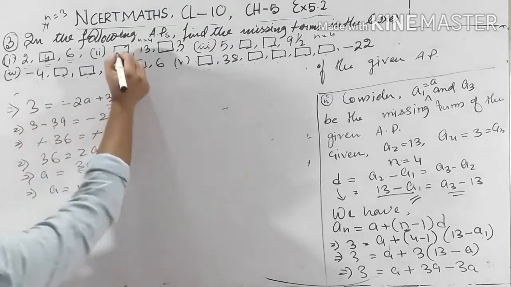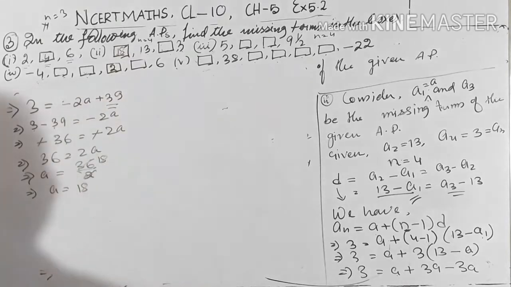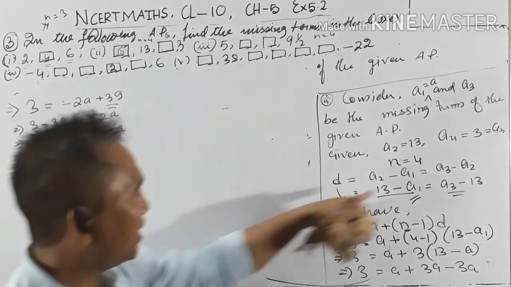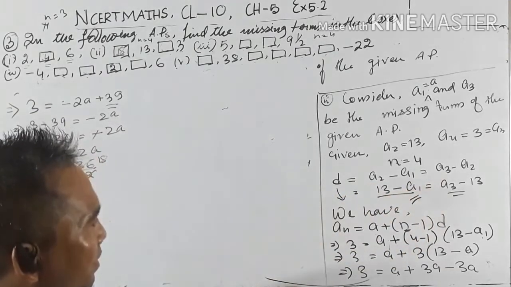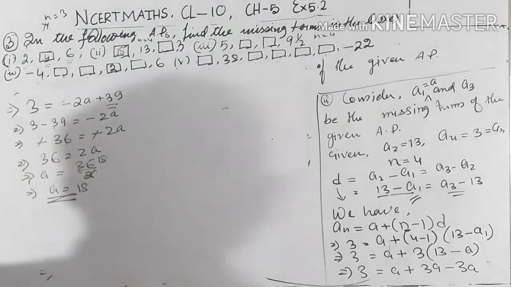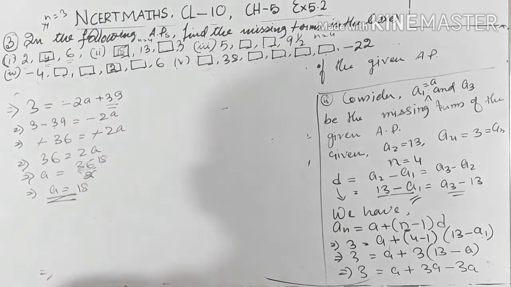So the first missing term will be 18. Now, putting this value in this, we can find the common difference.